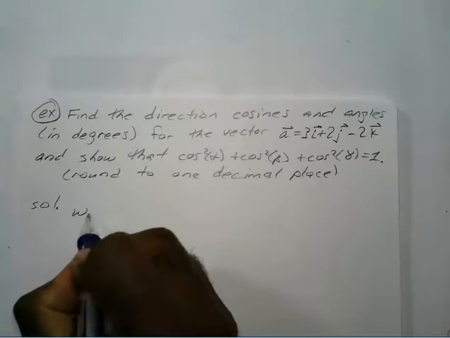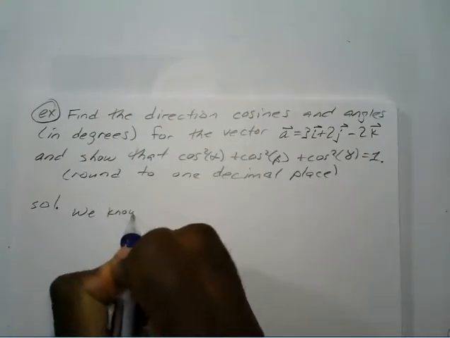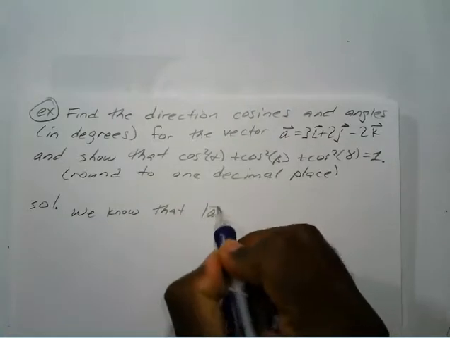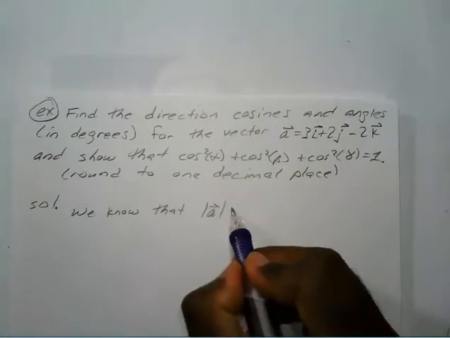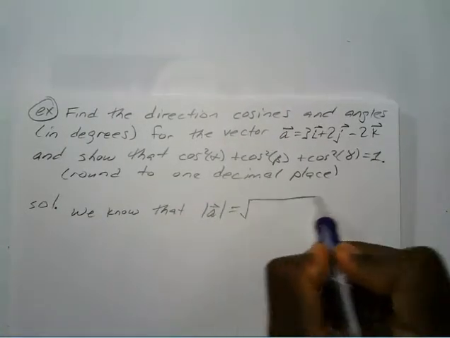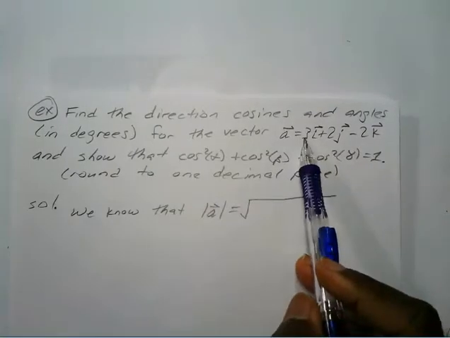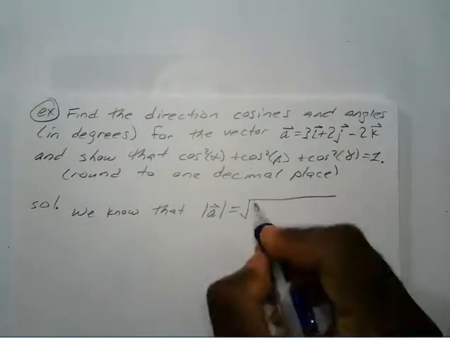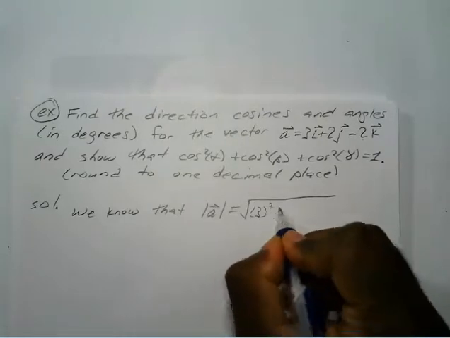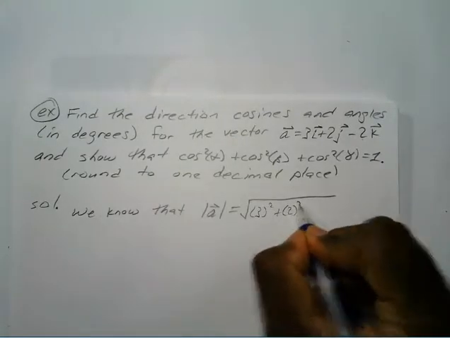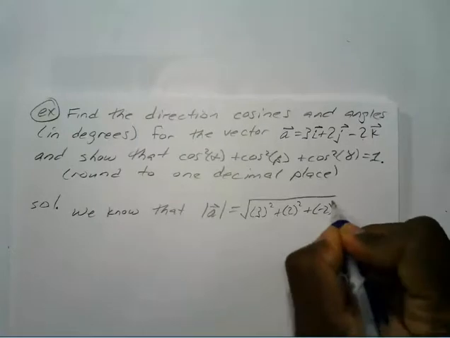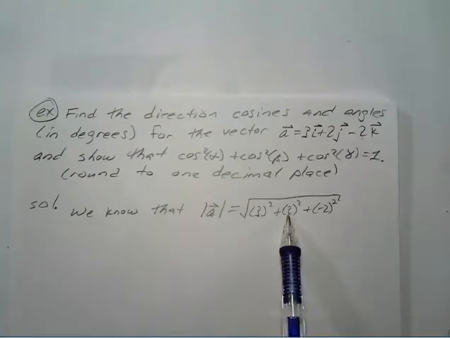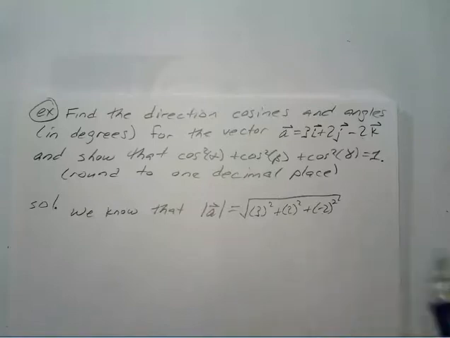All right, so we can figure out that the magnitude of the A vector is equal to the square root of the sum of each of the component squares. So you have 3 squared plus 2 squared plus negative 2 squared. So you have 9 plus 4, 13 plus 4, 17.